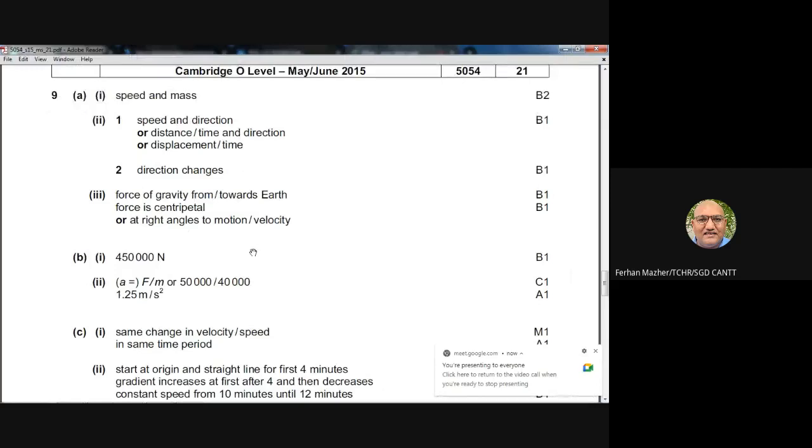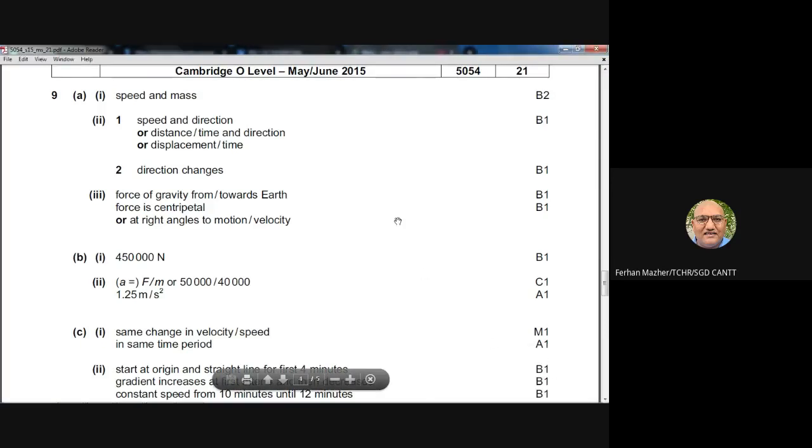So the velocity is changing basically because the direction of the motion is changing at every instant. So kindly write this. On your screen, you can see the marking scheme. Kindly write this answer, and once you have written, kindly read that answer also.